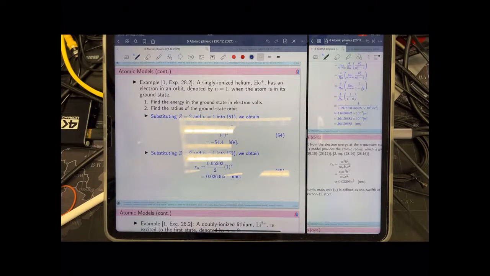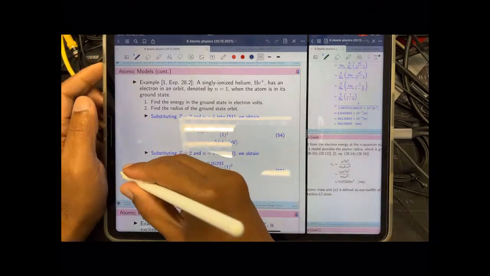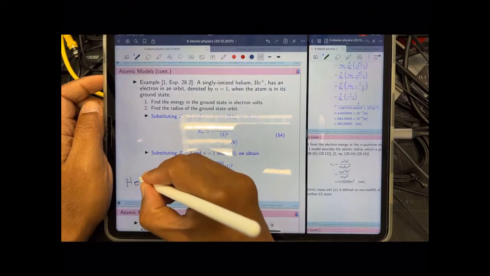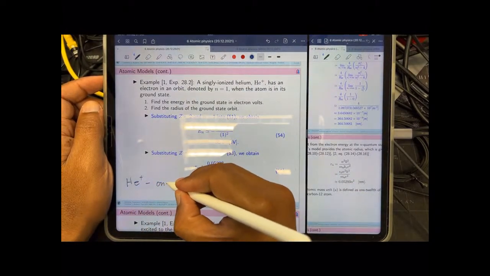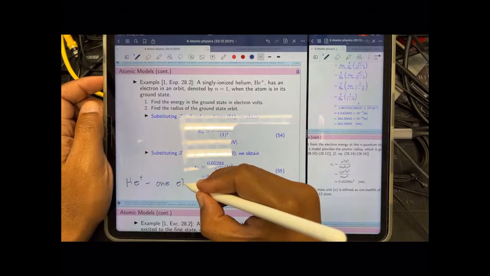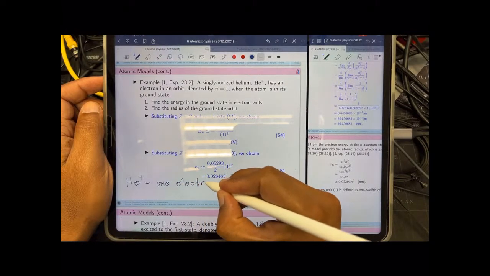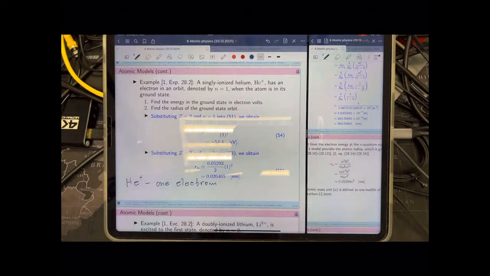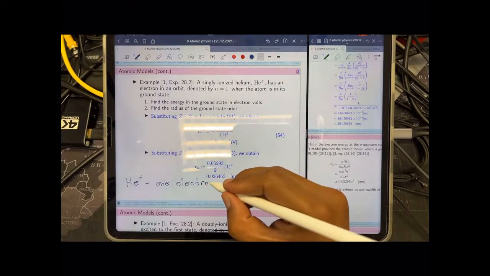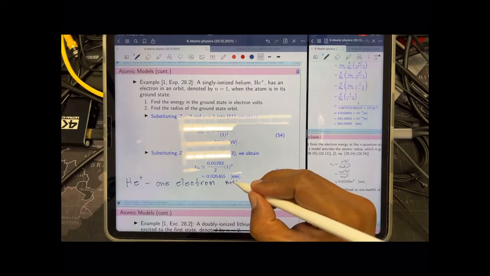Because we have helium plus, it means one electron is missing.